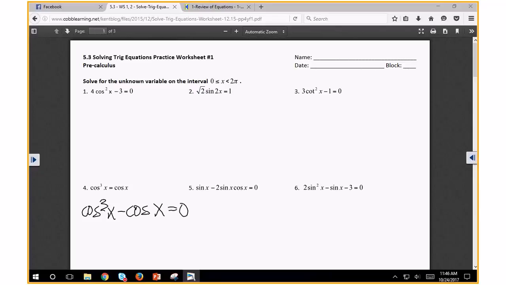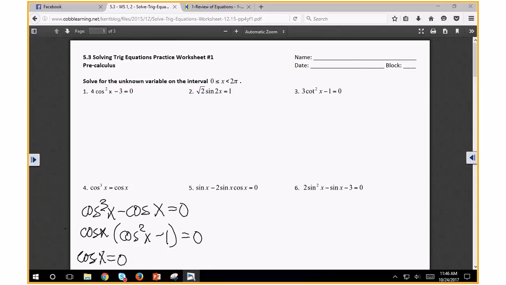Now you have what in common? Cosine, bring it out. Now you have cosine squared x minus 1 is equal to 0. Now you've got shortcut number what? Shortcut number 2, 3. Difference of two squares. A plus B, A minus B. So now you've got cosine of x is equal to 0.